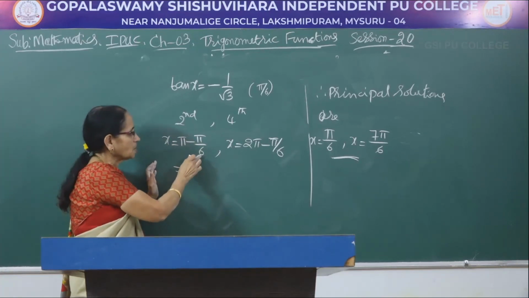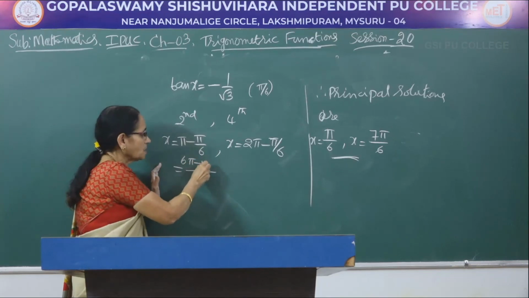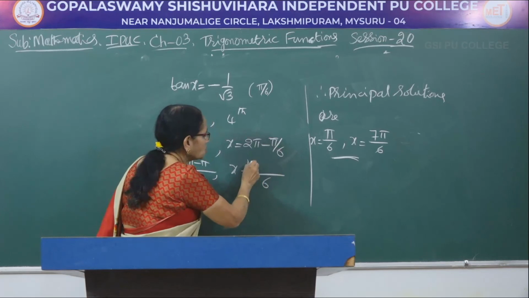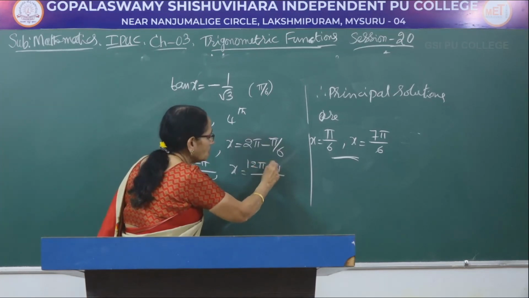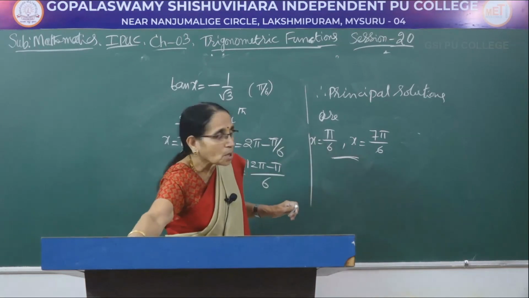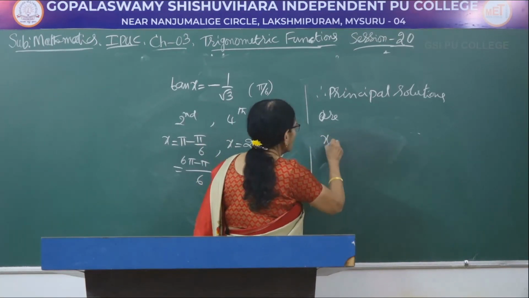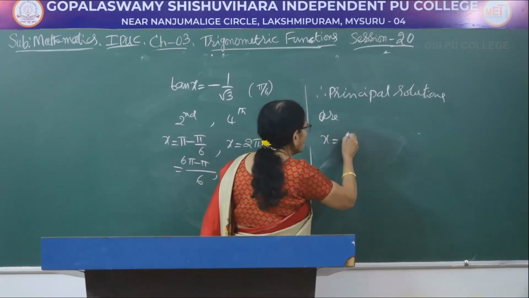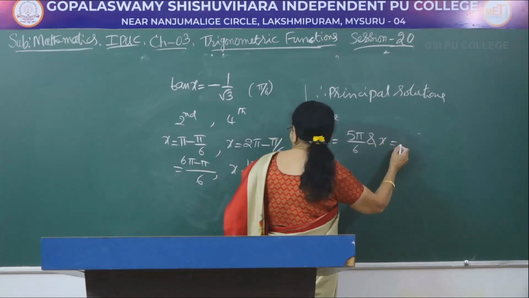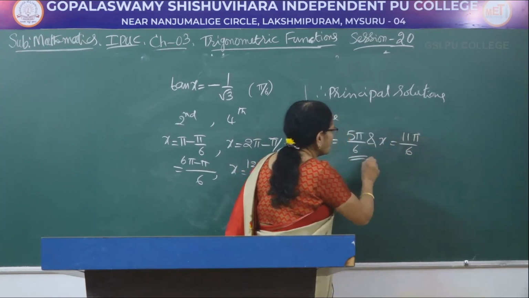Pi minus pi by 6 means take the LCM, it is 6 pi minus pi. Here also you take the LCM, 6 twos are 12 pi minus 1 pi. So on further simplification you get the principal solutions of this equation as 5 pi by 6 and x is equal to 6 twos are 12 minus 1, 11 pi by 6.